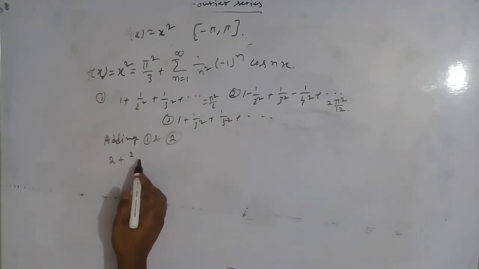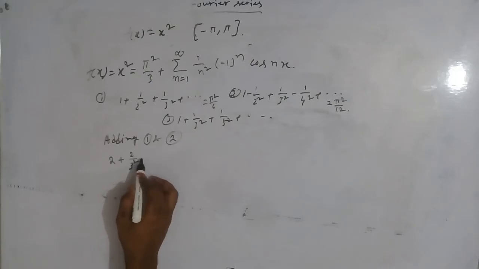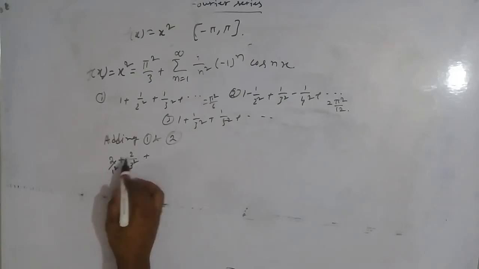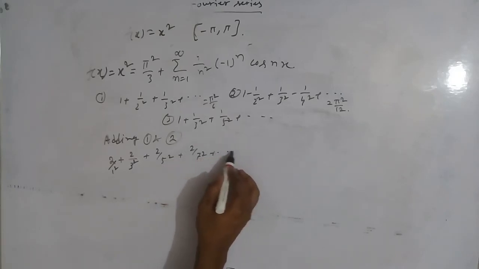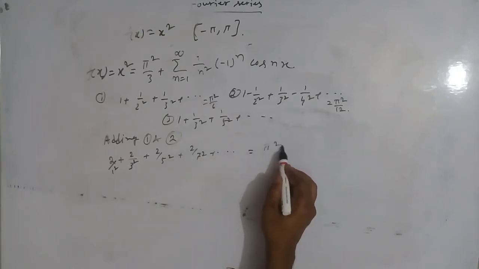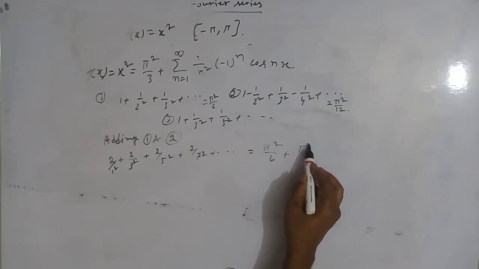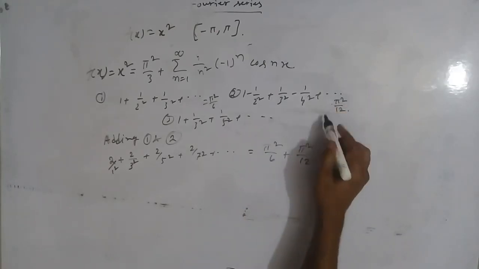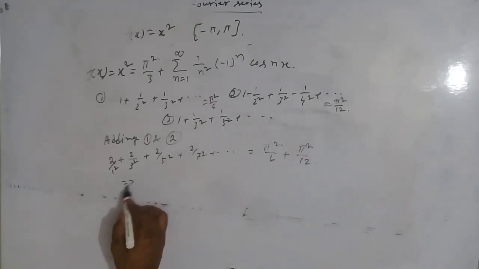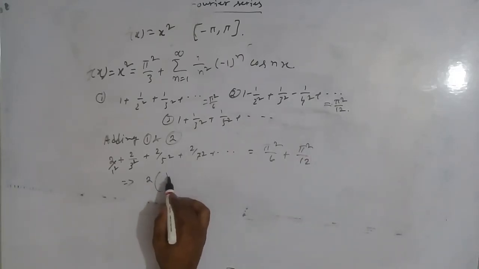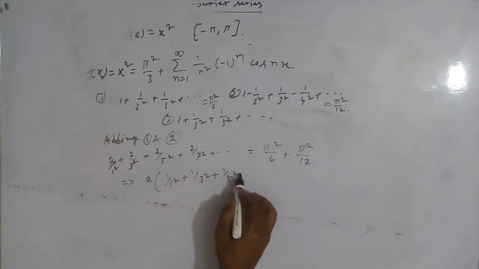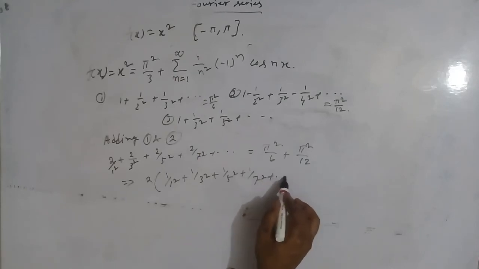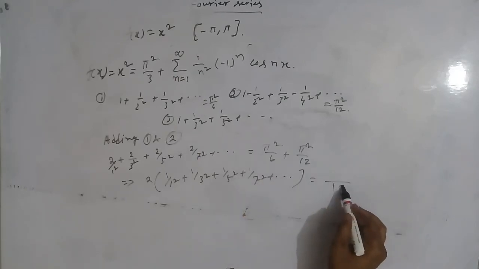So we get 2 by 1 square, 2 by 3 square, 2 by 5 square plus 2 by 7 square, like this. This is equal to pi square by 6 plus pi square by 12. So 2 is common, so 2 into 1 by 1 square plus 1 by 3 square plus 1 by 5 square plus 1 by 7 square plus dot dot dot equal to, over 12, 2 pi square plus pi square, that is 3 pi square.